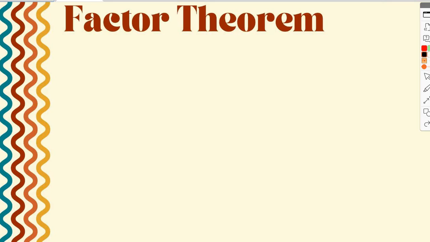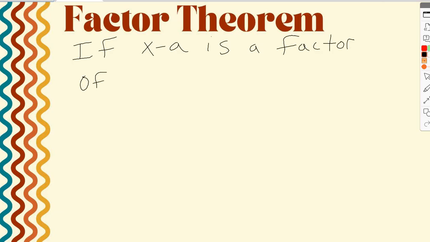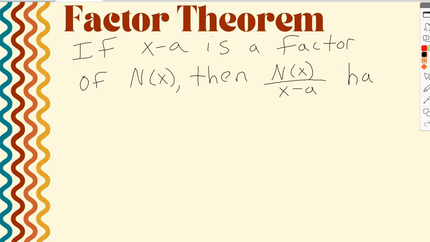So our factor theorem states that if x minus a is a factor of n of x, then n of x divided by x minus a has a remainder of 0.